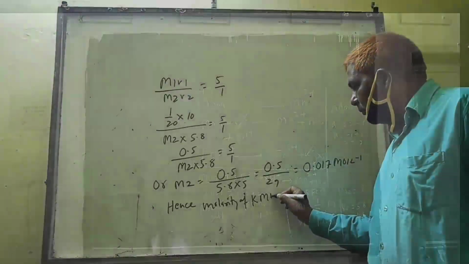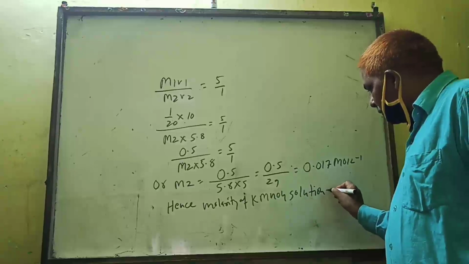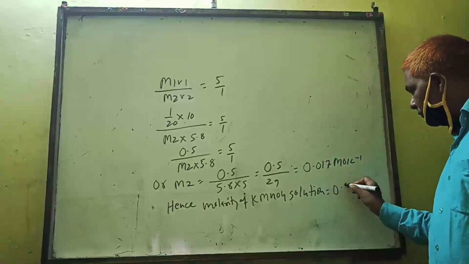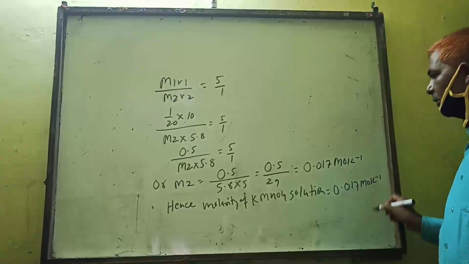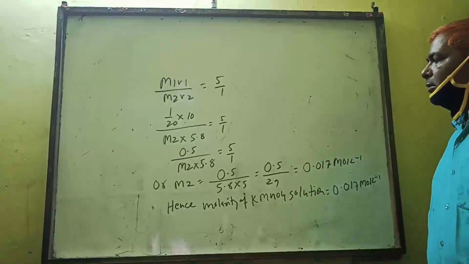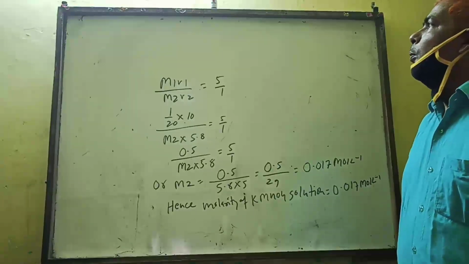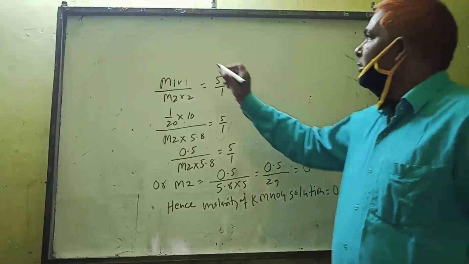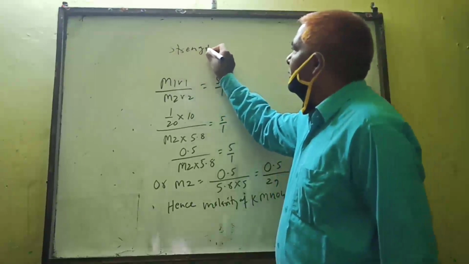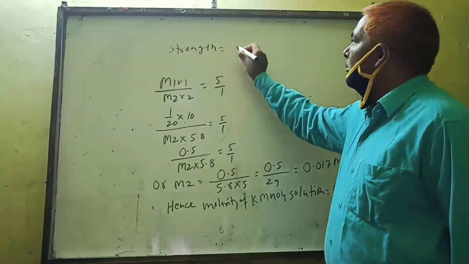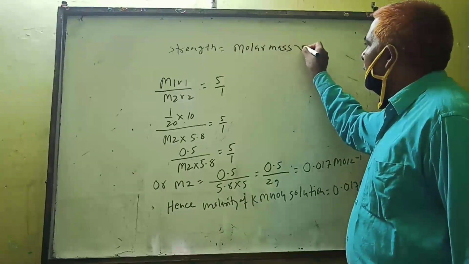Okay. Now the molarity of the KMnO4 solution comes to 0.017 mole per liter. Now we are going to calculate the strength of the KMnO4 solution. One formula can always be used: strength equal to molar mass into molarity.